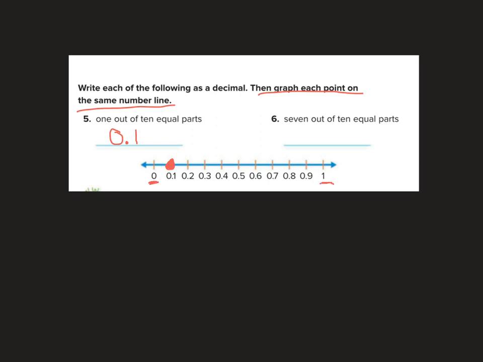Those are the numbers we're used to counting by, and now we're looking at the numbers that are between them. 7 out of 10 equal parts. Okay, 7 tenths. So I'd write it as 0 and 7 tenths, which would be right here. 7 tenths. 1/10, 7 tenths. Okay, let's keep going.